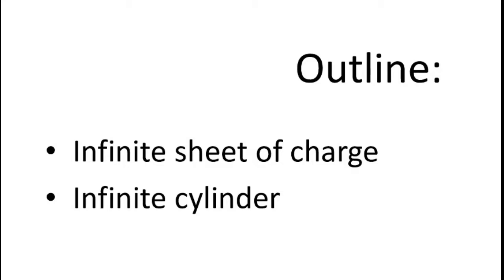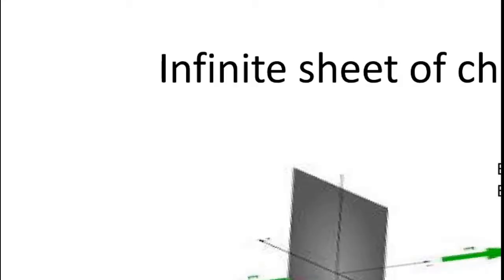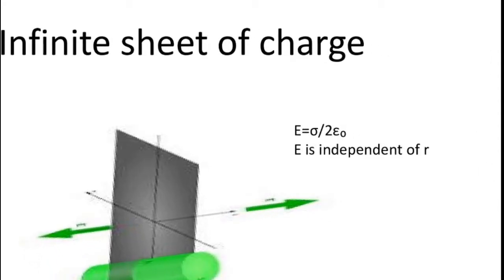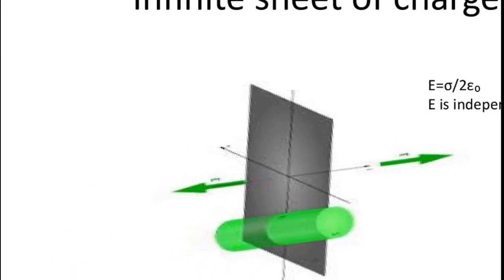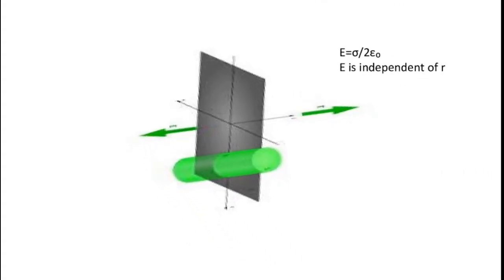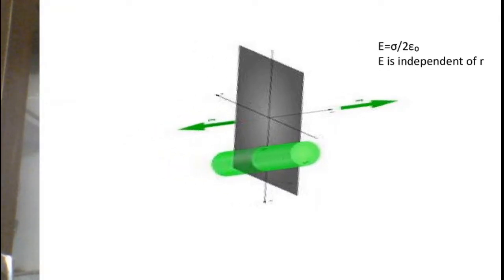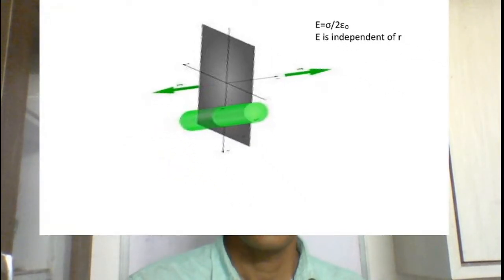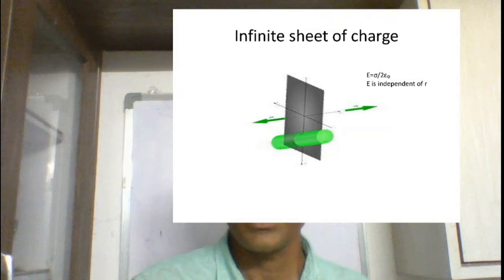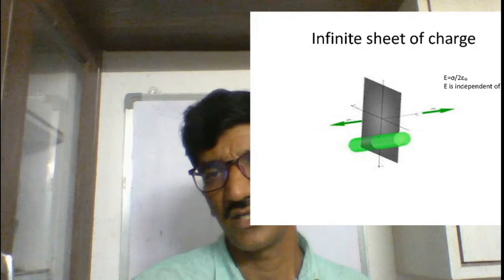Before deriving the electric field intensity of the infinite sheet, you see here, this is the infinite sheet of charge. Of course, you are seeing this as a finite sheet here, but actually what we are considering here is an infinite sheet of charge.